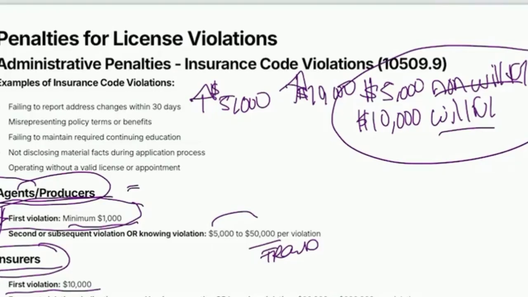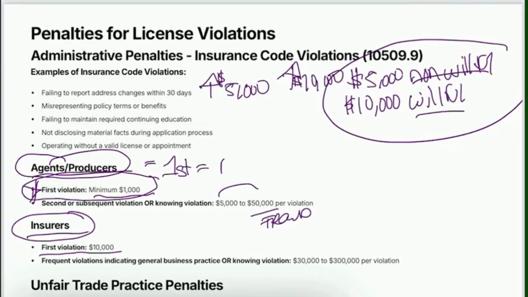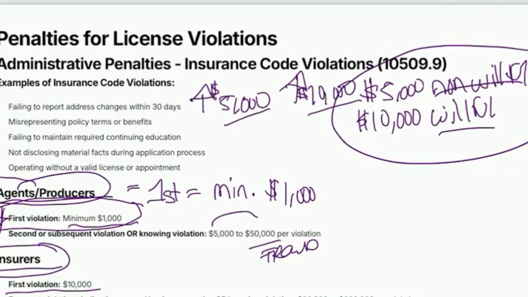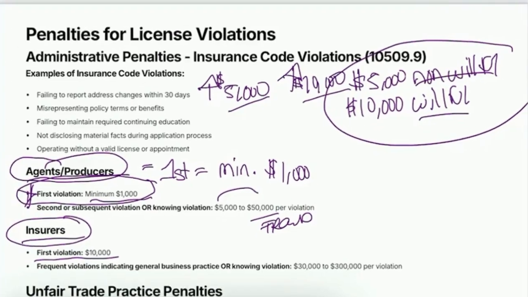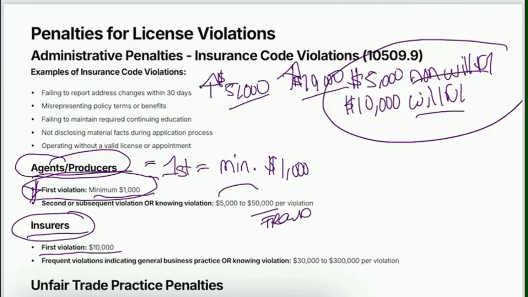So even though you could have been fined 5,000 or 10,000, let's say the commissioner wants to go easy on you, it was something simpler like address change, right? They may only do the 1,000, right? But if an insurance company's first violation, their minimum is $10,000. And then frequent violations can go from $30,000 to $300,000. Now, again, that's just the range that the commissioner can go off of.